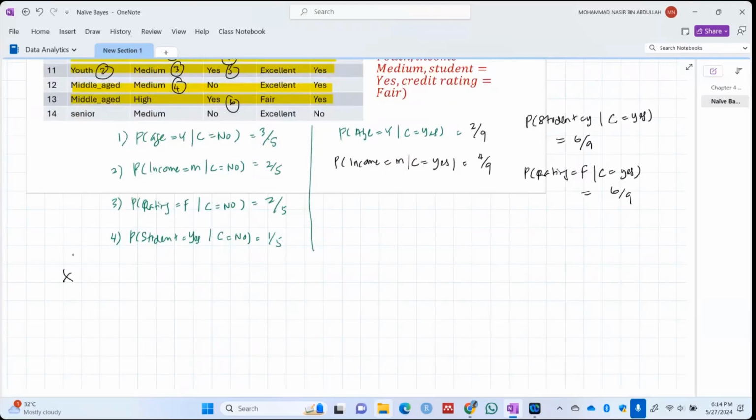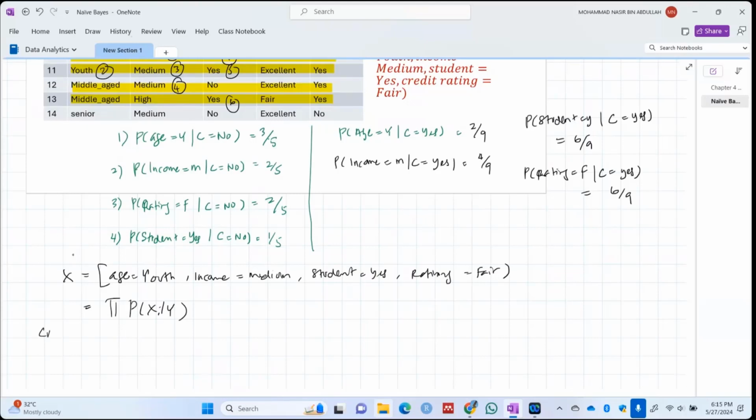So the value of x is equal to age, student, income, and last is rating. So this one equals the product of probability of x given y, xi. So now we do it for credit score.